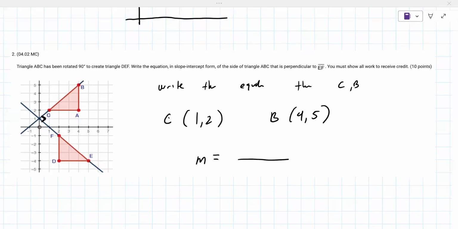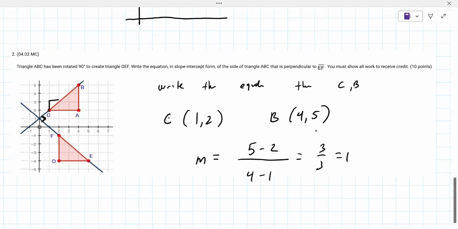Right, there we go. 3 over 3, so the slope is 1. 5 minus 2 over 4 minus 1. 3 over 3 is equal to 1. We can also see that from the picture, the rise over the run there.